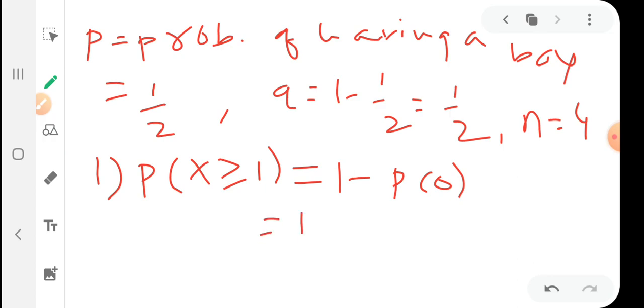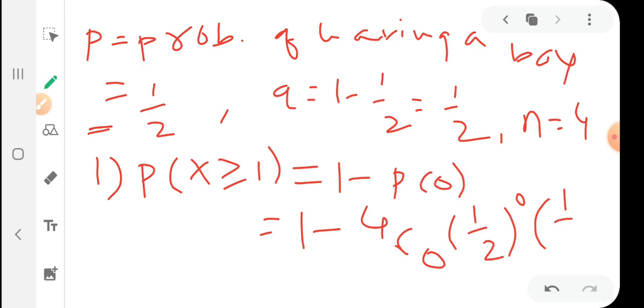So P of x greater than or equal to 1, we have to find 1 minus P of 0. So here 1 minus 4C0 into 1 by 2 raised to 0 into 1 by 2 raised to 4 minus 0.